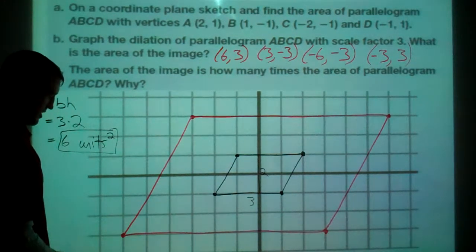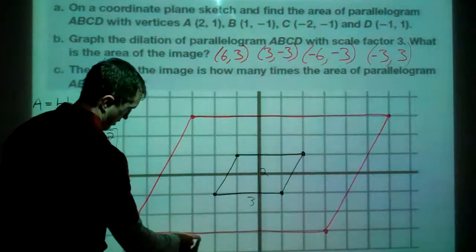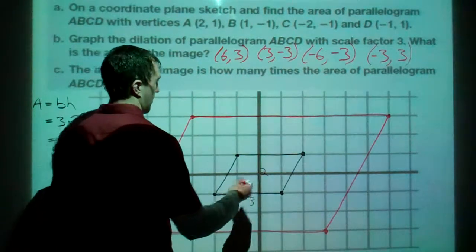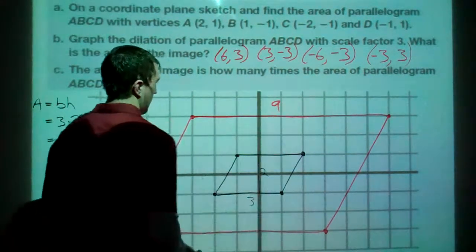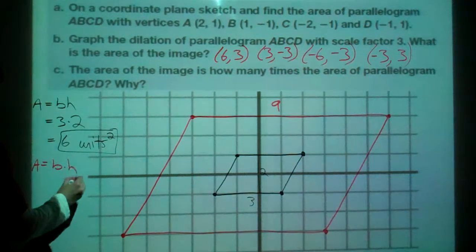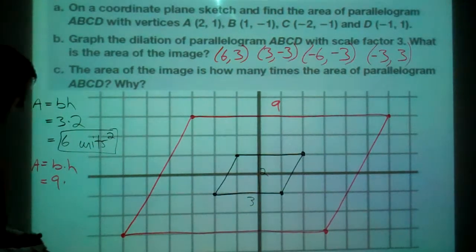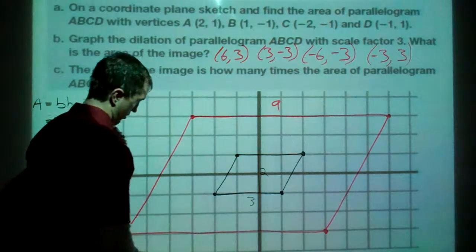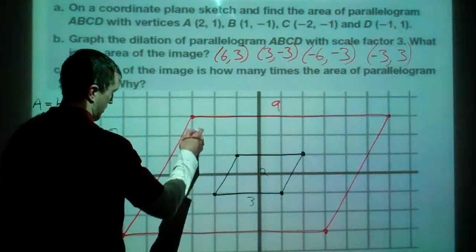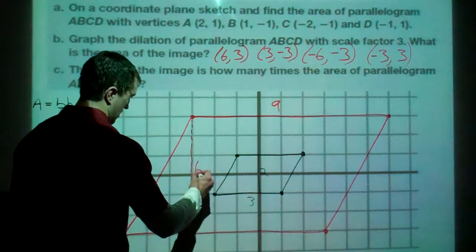So let's figure out our base first. This is 1, 2, 3, 4, 5, 6, 7, 8, 9. I'm going to write that up here. So we have 9. So area for this one, base times height, equals 9 times whatever our height is, which is, I'll put it over here, 1, 2, 3, 4, 5, 6. So here's our height, which is 6.